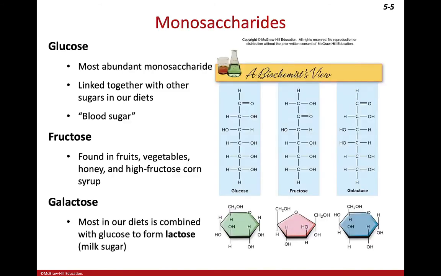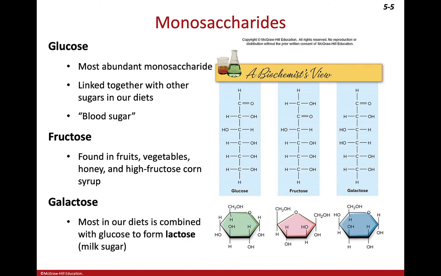So let's take a first look at monosaccharides. These are the big three: glucose, fructose, and galactose. And they basically all have the same chemical structure, C6H12O6. It's just arranged differently. Now, glucose is the most abundant of all of the monosaccharides.